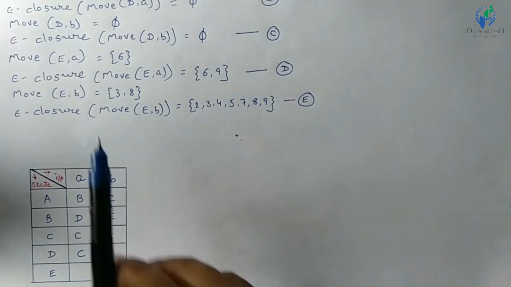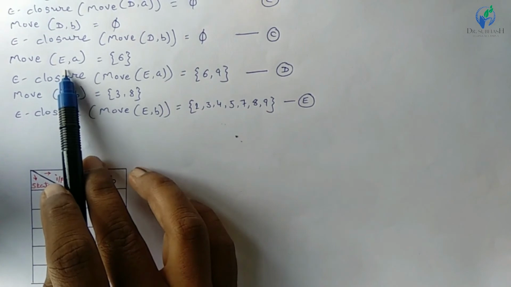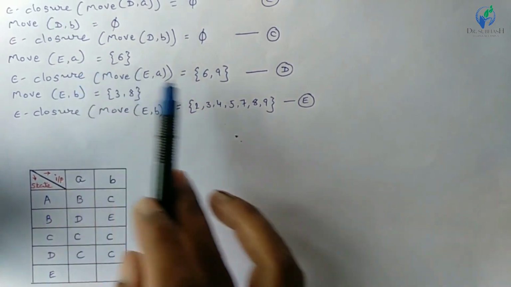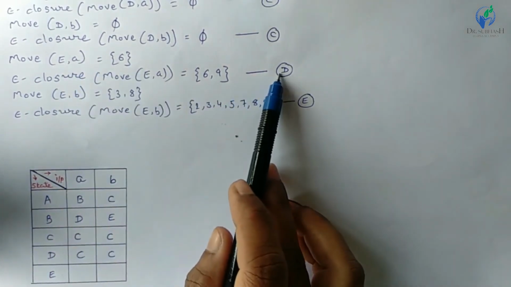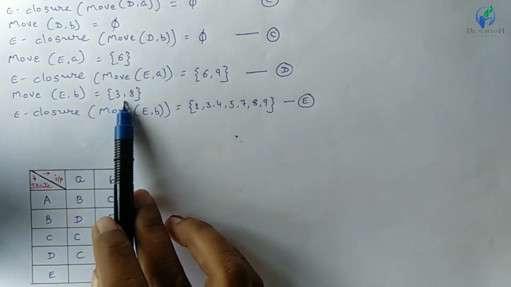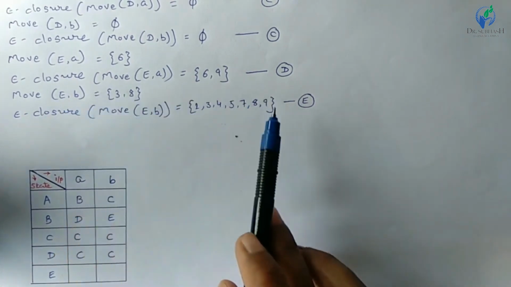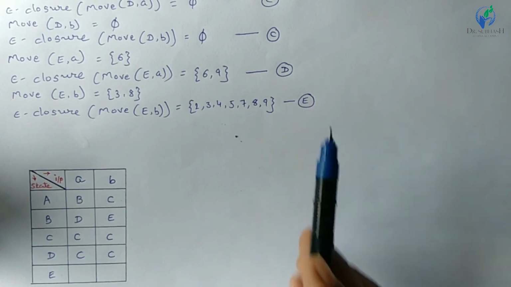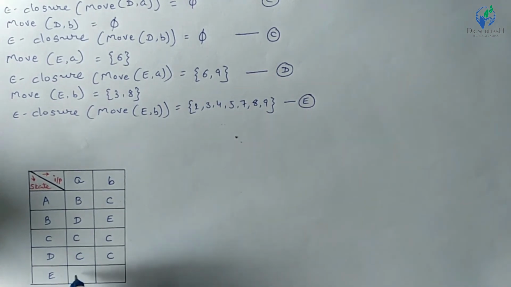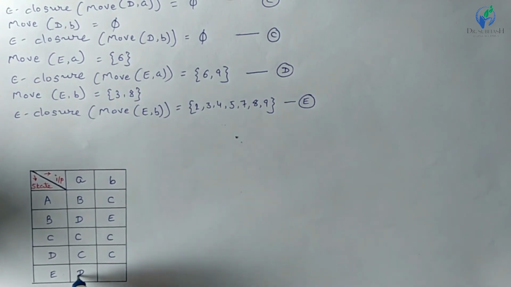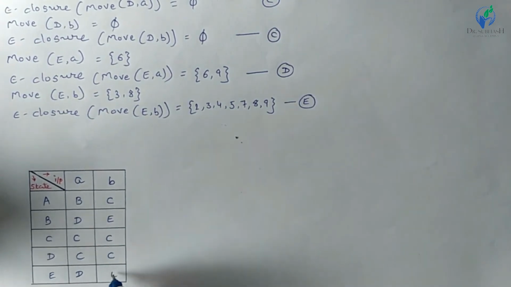Move E to A, next state is D, and E to B, state is E. So E to A, D, and E to B, E.